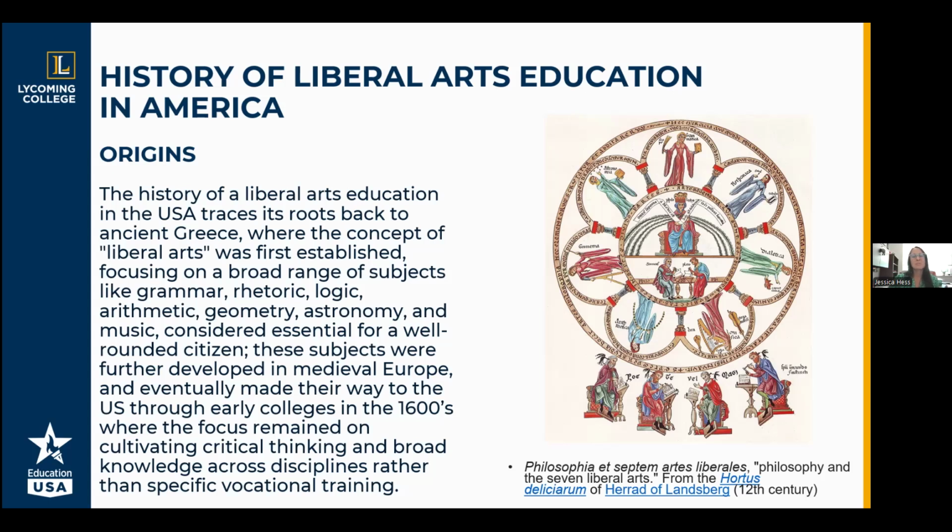But the core principle of a liberal arts education is to develop critical thinking skills, right? Allowing students to analyze information from various perspectives and apply knowledge in a diverse array of situations. And that's really what we call now critical thinking. You've probably heard that through your schools or your counselors or your teachers.